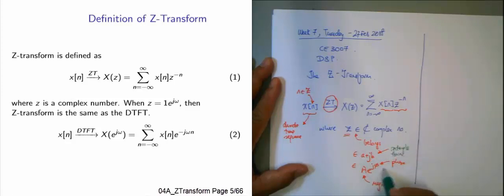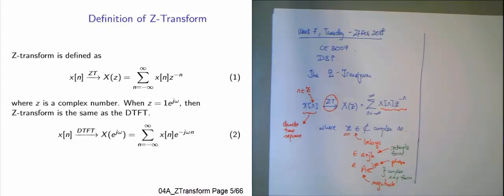Here is the complex exponential form. Later on you realize that we always prefer the complex exponential form because it is more elegant. It will make our equations more compact.